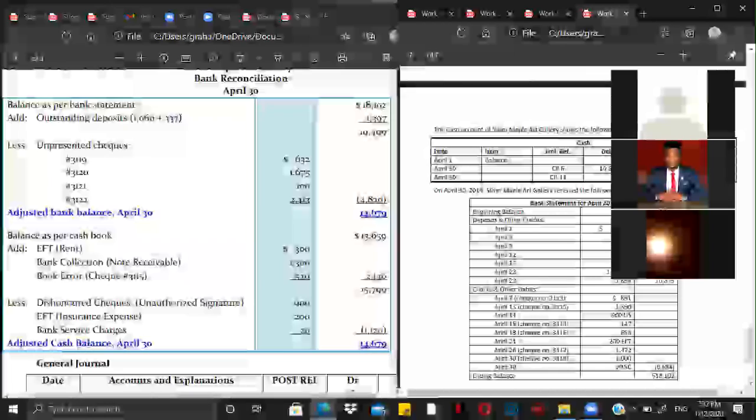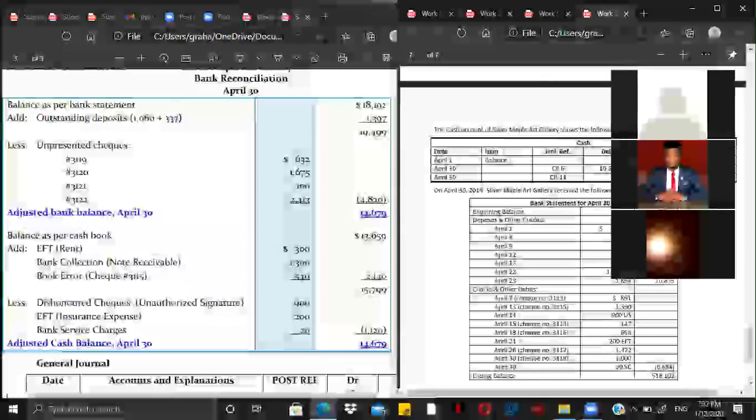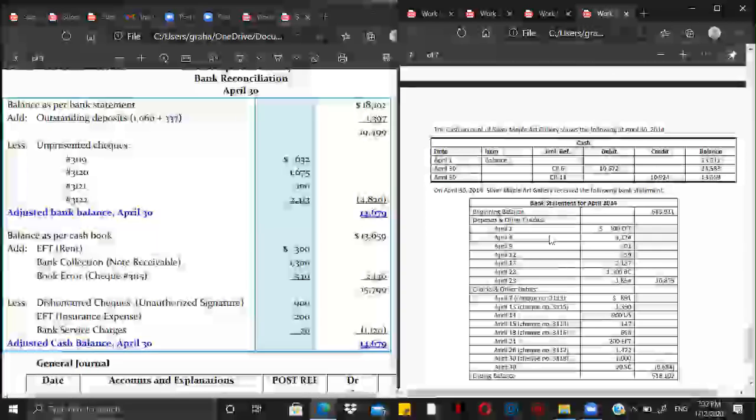All right. So we're going to look for the check. It says check number 315. So as you can see here, check number 315 is 1,390. So they said it was recorded for 1,930.